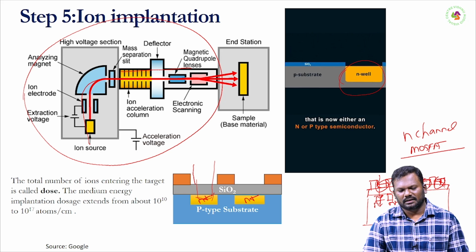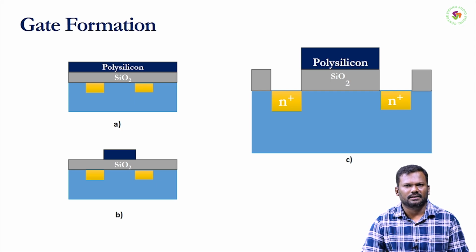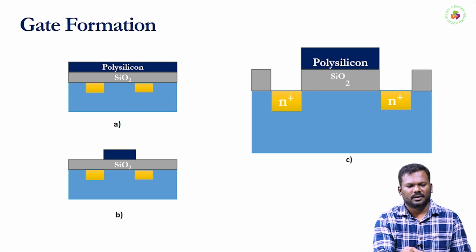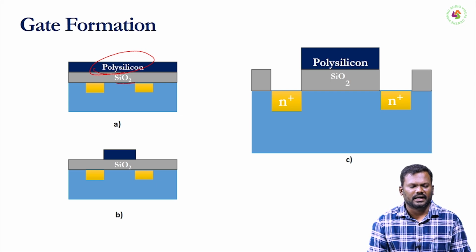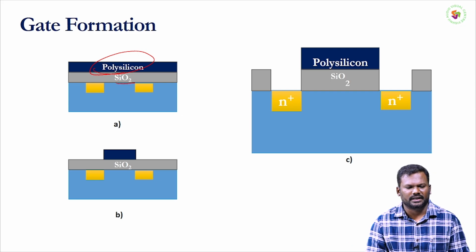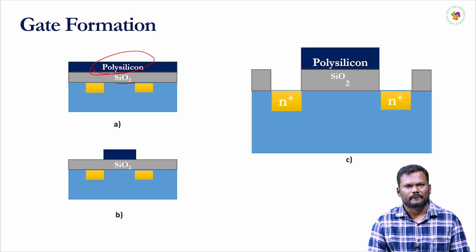After implanting these N plus regions, the next step is the gate formation. As I told you in the beginning, the gate is very important to control the flow between source and drain. So here you deposited polysilicon on top of the silicon dioxide. Next, you again need to do photolithography to remove these portions.